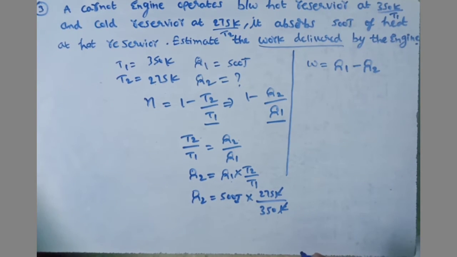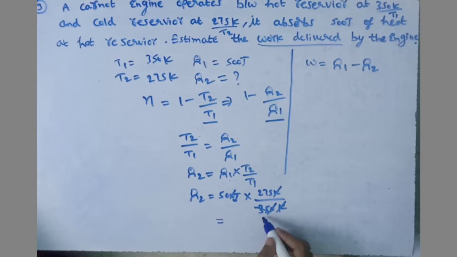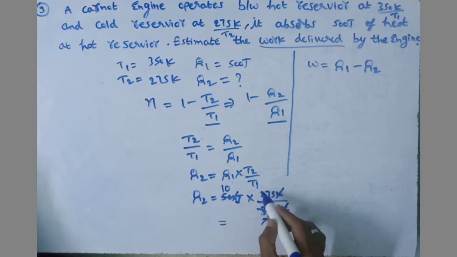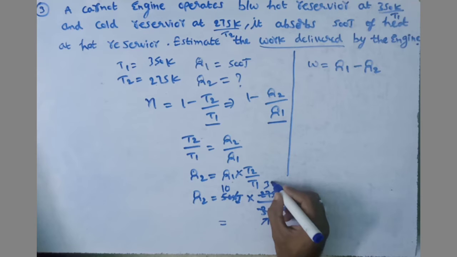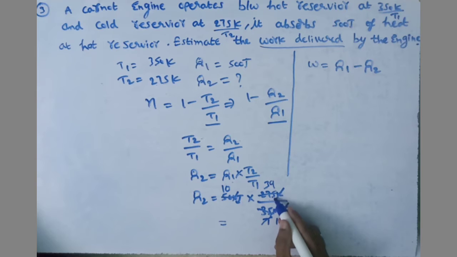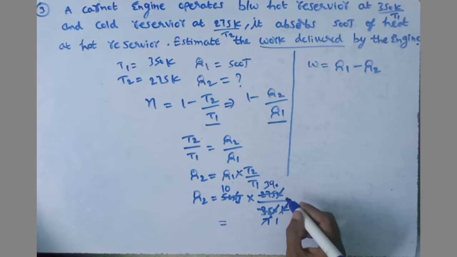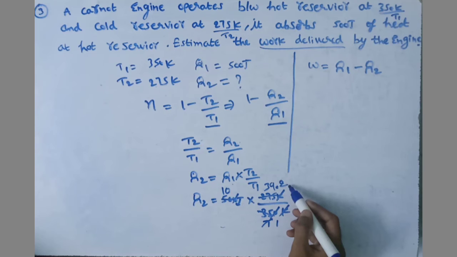Kelvins get cancelled. We are cancelling the zeros, and cancelling 5 sevens are 35, 5 tens are 50 and 7 ones are 7. Here 7 threes are 21. Here it is 27, remaining 6 is balance. 65, 7 nines are 63. When we remove 63 from 65 there is balance 2. When we put the decimal point it becomes 20. 7 twos are 14, again 6 is the balance.